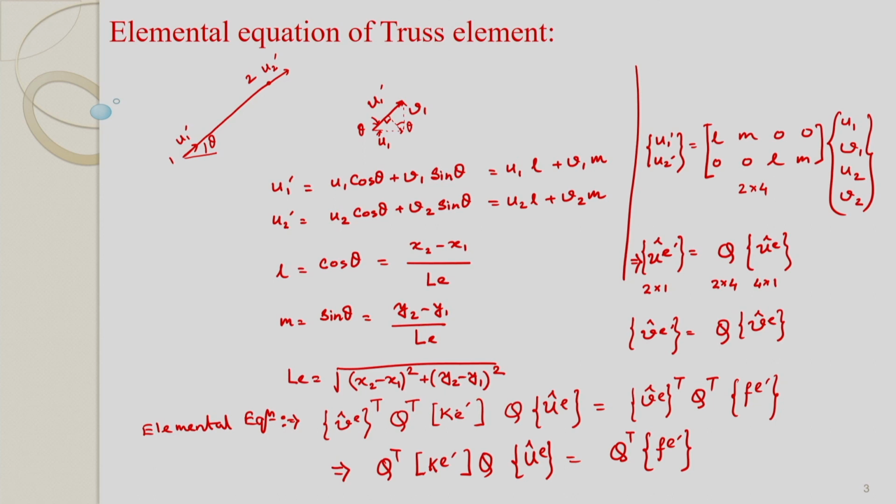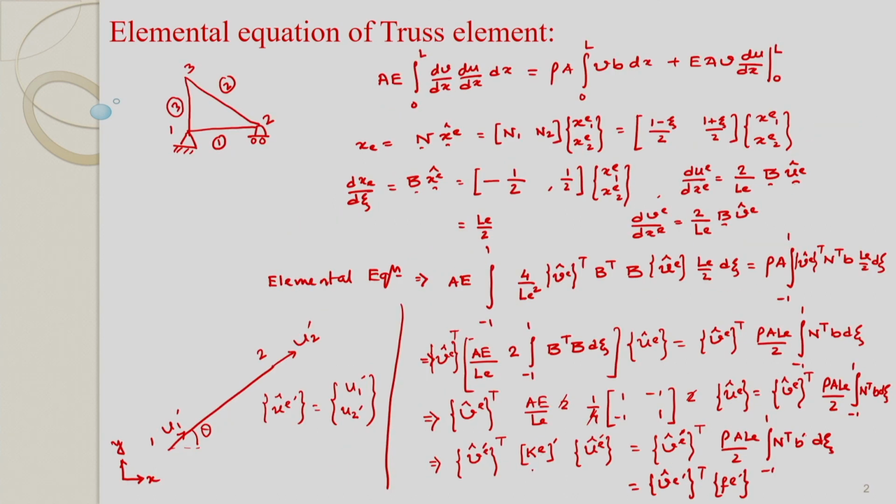Now, if you see, this KE prime is nothing but AE by LE times 1 minus 1 minus 1 1.